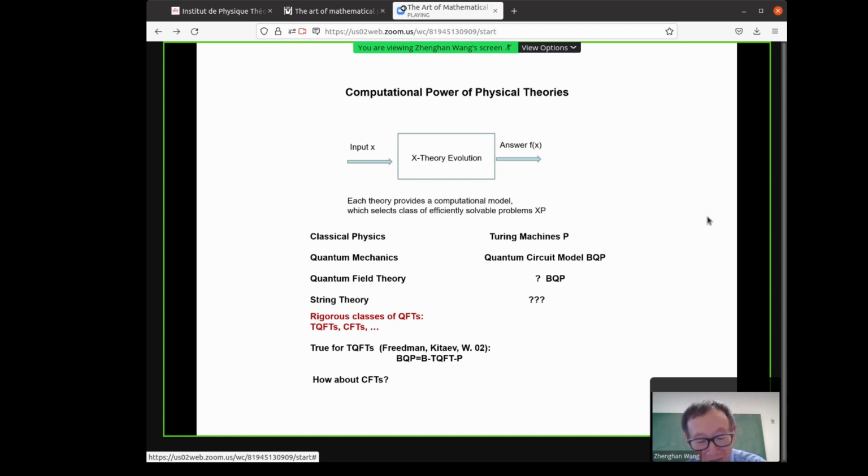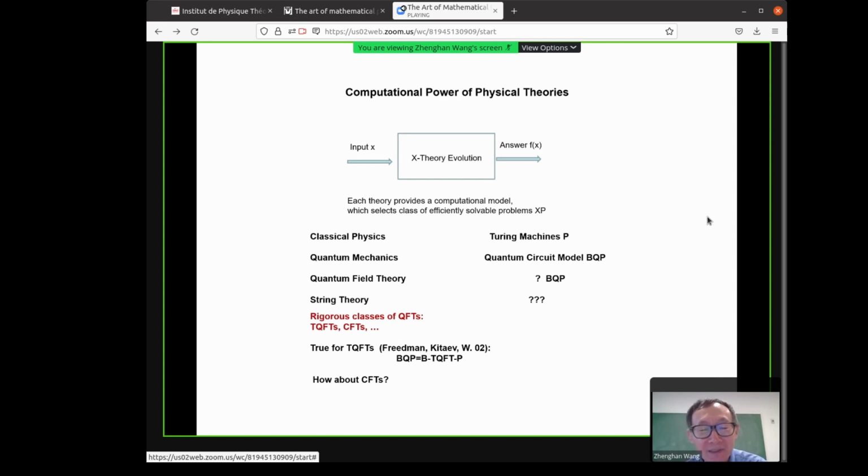If you have a function, you want to compute the value, when you give the input, you already have a physical theory. You just write the input as a state of your physical theory. Then the calculation is done by evolution of your theory, and the answer you hope would be given by the final state of the evolution.